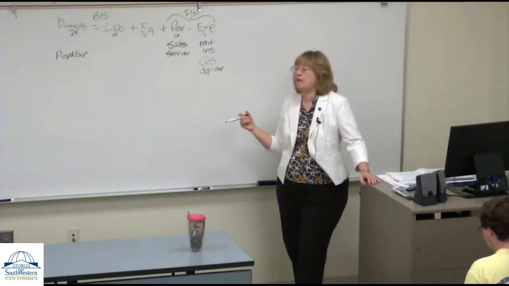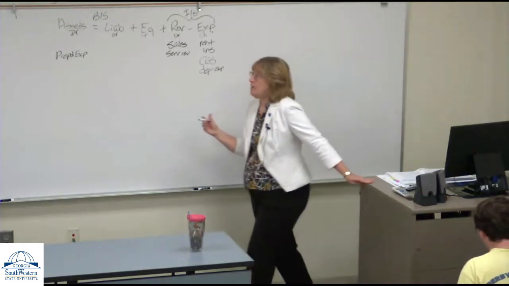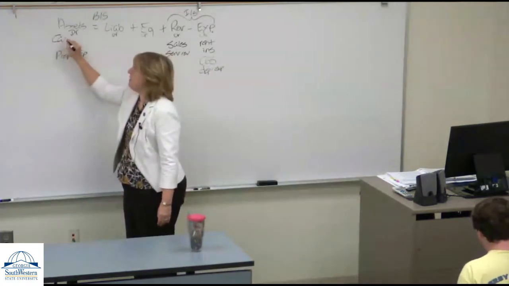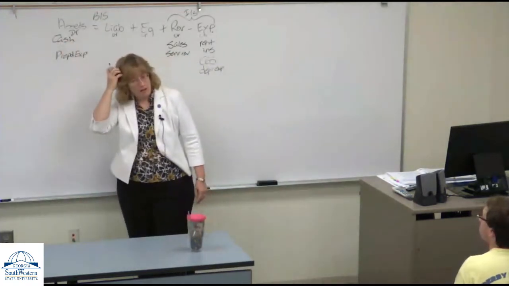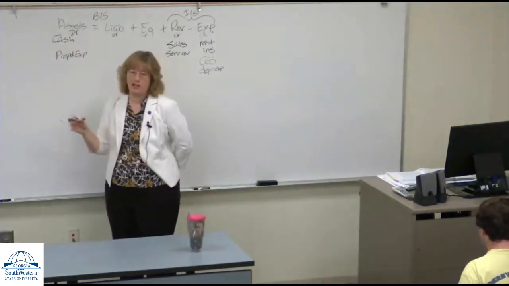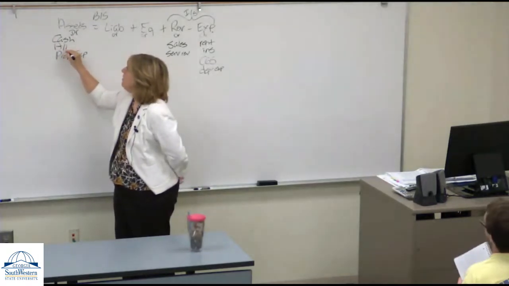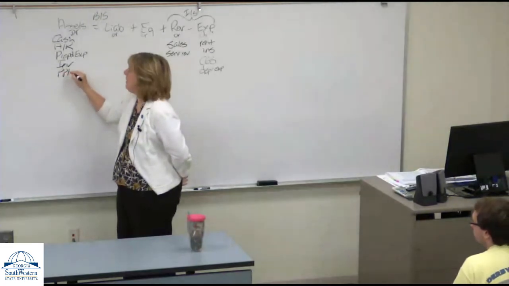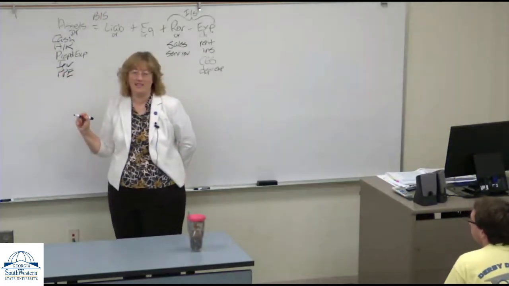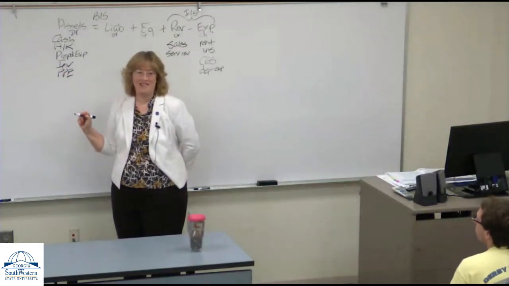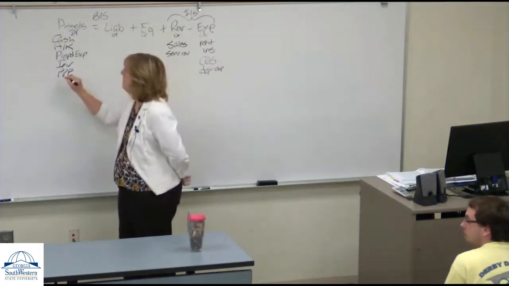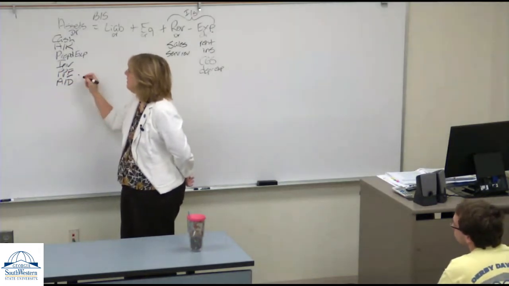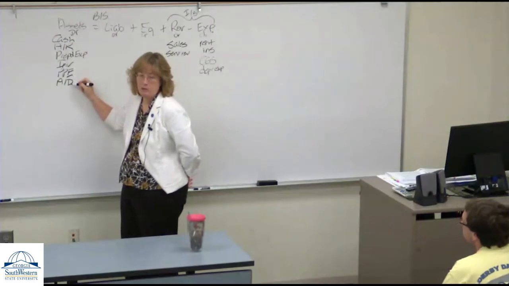Let's think now about the assets. So the obvious first asset is cash. And then accounts receivable. Inventory. Yeah, we're going at it, right? What else? Accumulated depreciation, because it matches up with property, plant, and equipment, right?